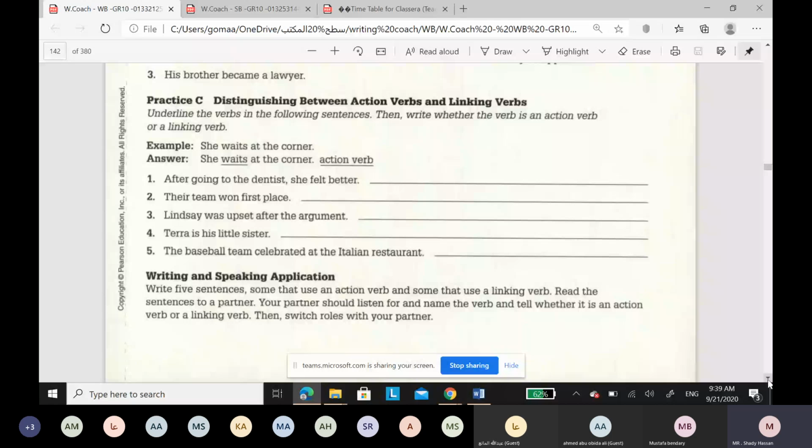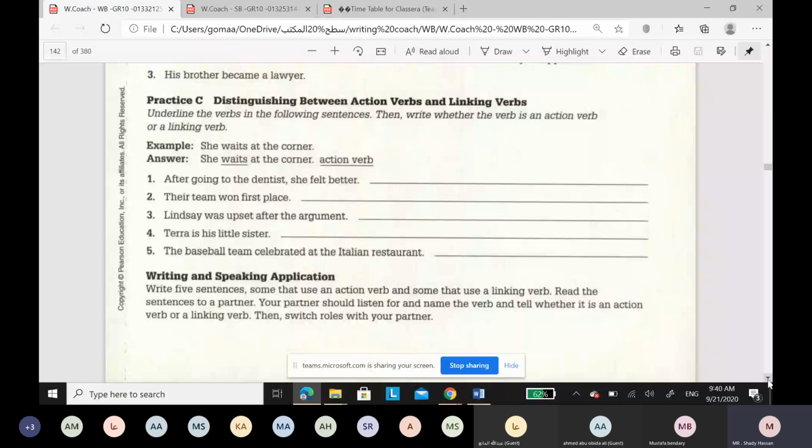Number three, Lindsay was upset after the argument. So where's the verb here? Was. Yes. Is it action or linking? Linking. Yes, linking.